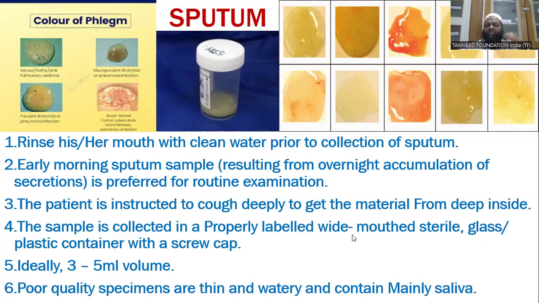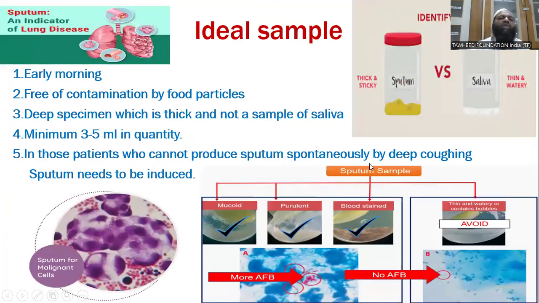Poor quality specimens are thin and watery and contain mainly saliva. So here if you see the sample, sputum is an indicator for lung disease.